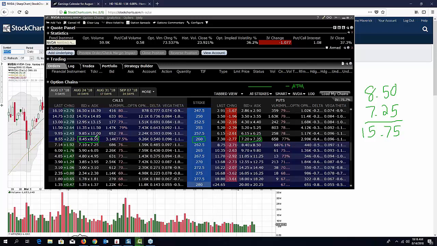So if the calls can go up to 20 points in value, it won't even matter that the puts expire. It's worth 20 and we paid $15.75, we've got a profit, or vice versa. Imagine the stock collapses, your puts would be worth so much it doesn't matter that the calls expire, right? This is the straddle trade.